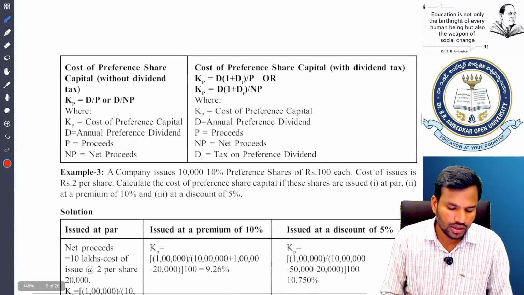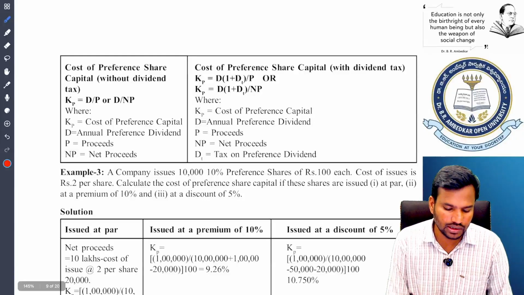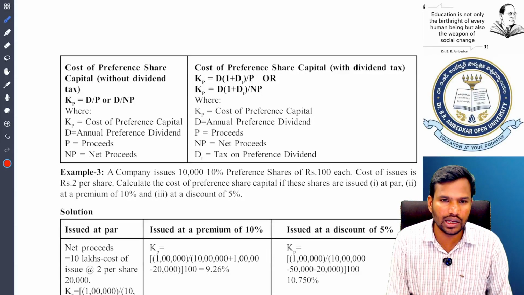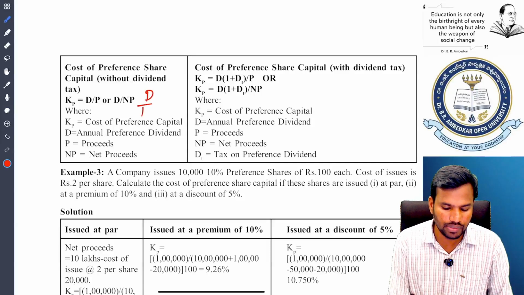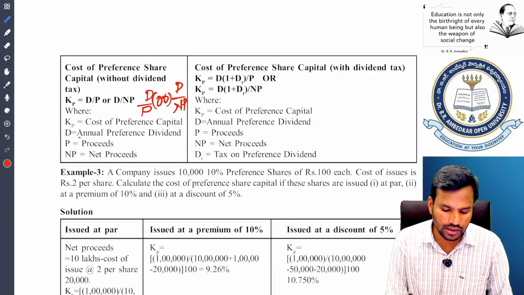See, KP, cost of preference, is equal to D by P, or D by NP. D is equal to annual preference dividend, P proceeds or net proceeds.